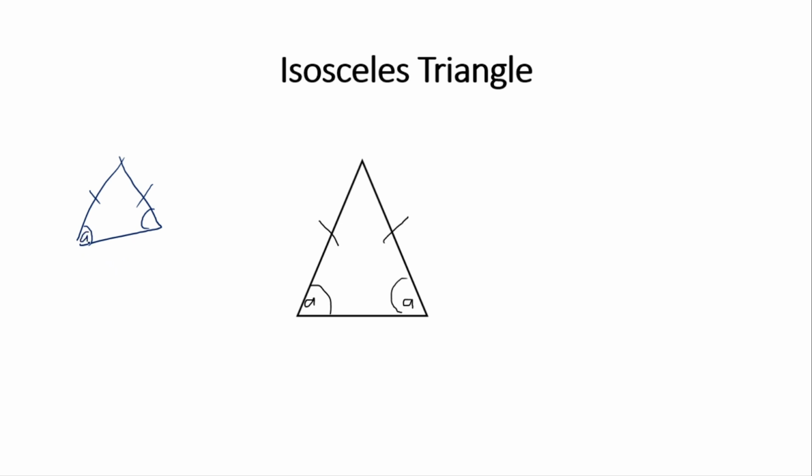So this is A and this is A. This value differs depending on the value of A. Also, this can be turned upside down. Sometimes you have something like this. It shouldn't confuse you. This is the base. You can have something like this. This is still the base. You shouldn't be confused about all these things. So that is the isosceles triangle, and that is all you need to know about it.